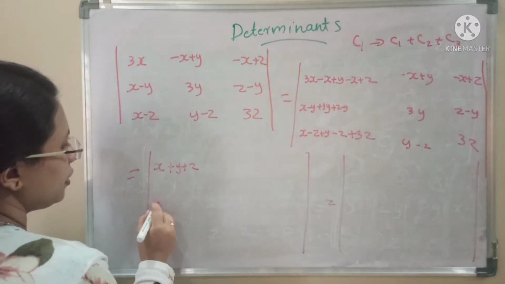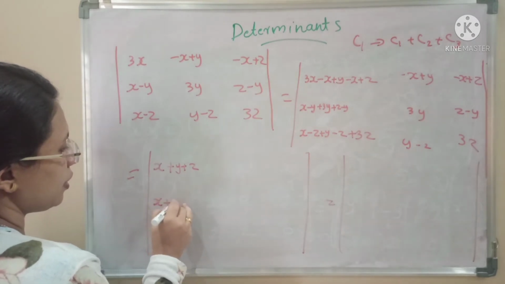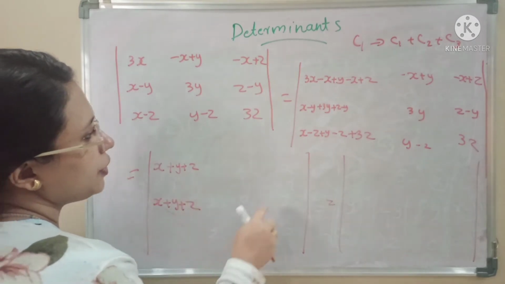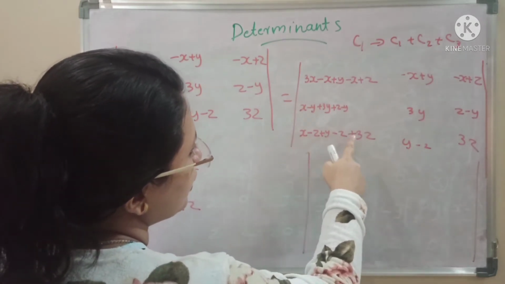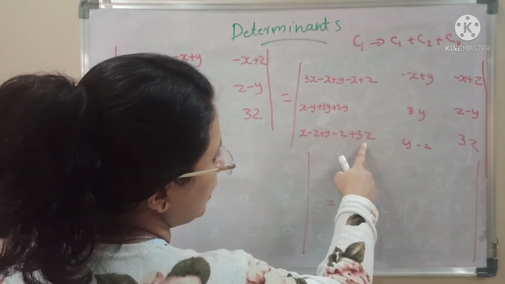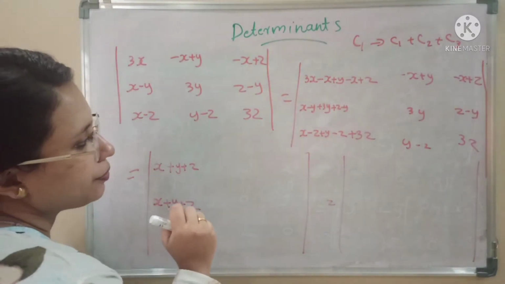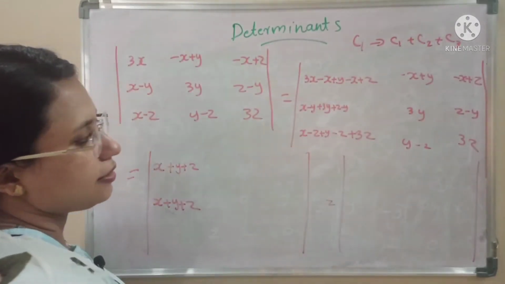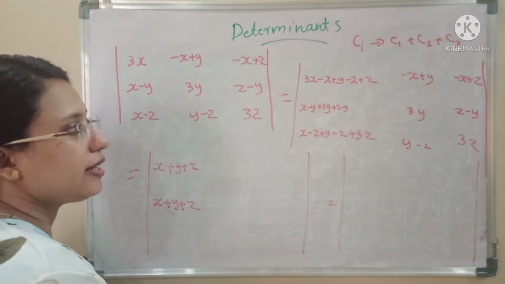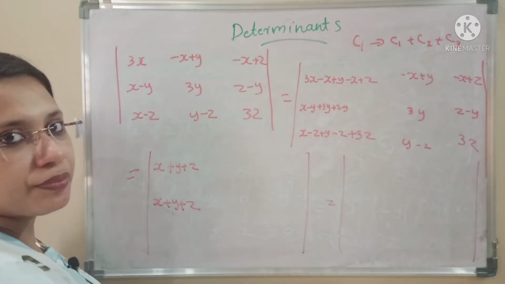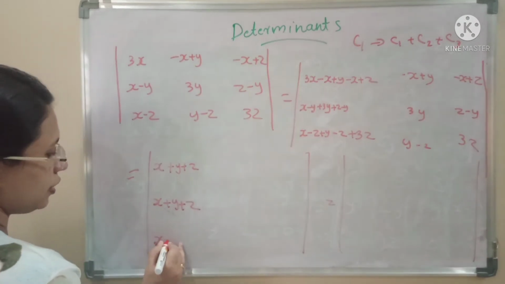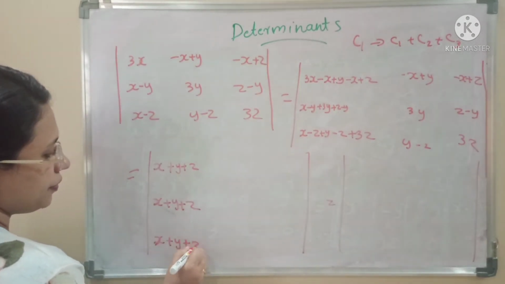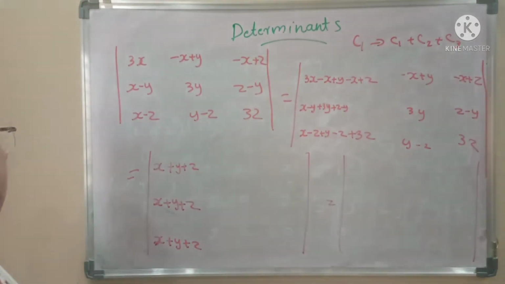So again there will be x plus y plus z. Here x minus z plus 3z will be 2z. We have again minus z. So 2z minus z will be z, right? You can check there. So the remaining terms will be x plus y plus z.